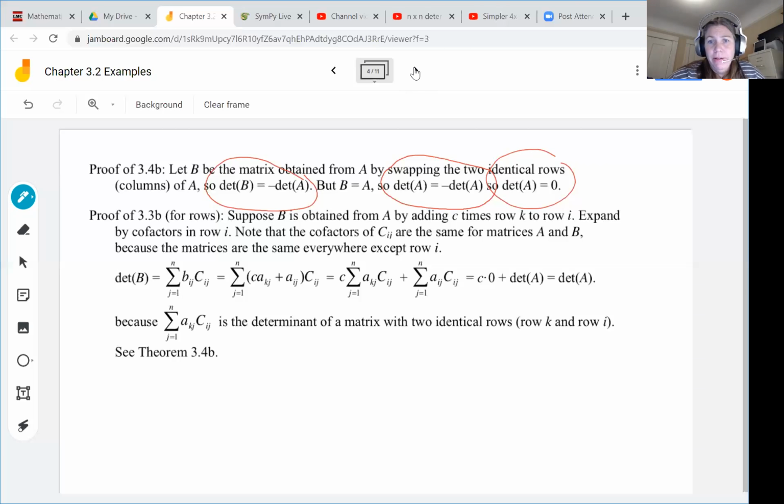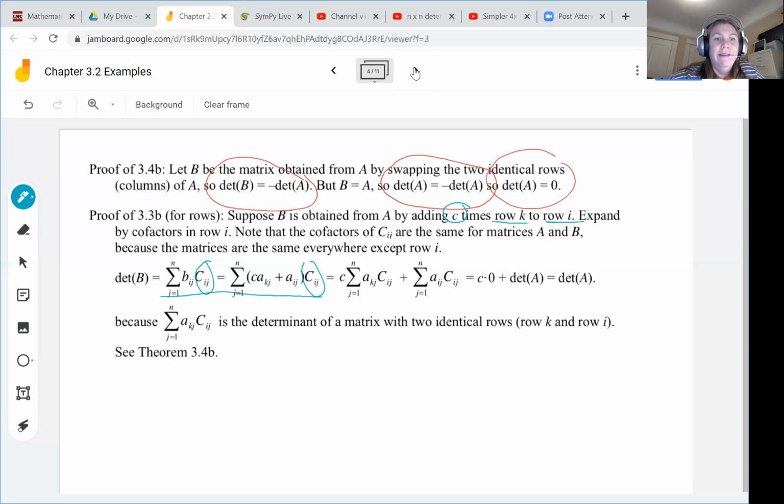So c is our constant here, and then we're going to multiply it by row k and add that to row i. So now we can say, what would happen if we expand by the cofactors in row i, which is what we're going to do down here. So note that the cofactors C_ij here and here are going to be the same for matrices A and B, because the matrices are the same everywhere except for this row i.